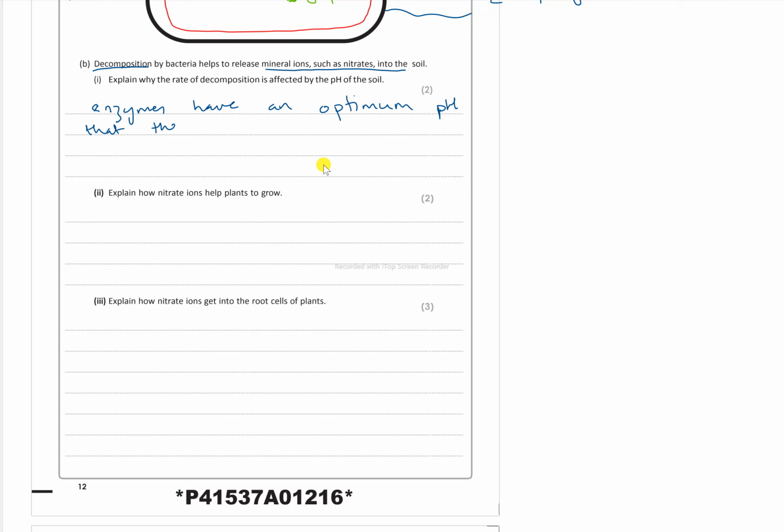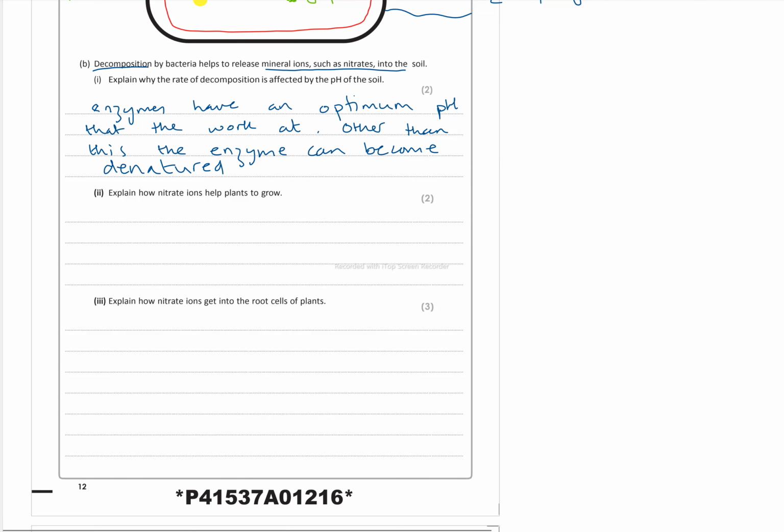Anything outside this, other than this, the enzyme can become denatured. So this is the key word, denatured, optimum pH and enzyme.